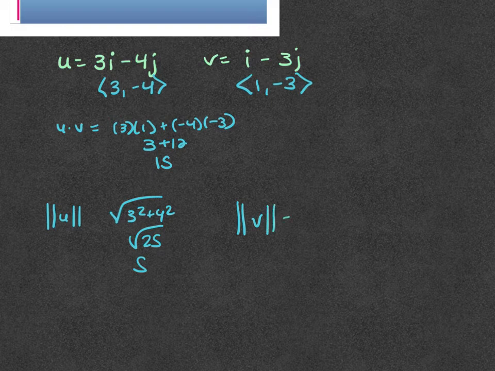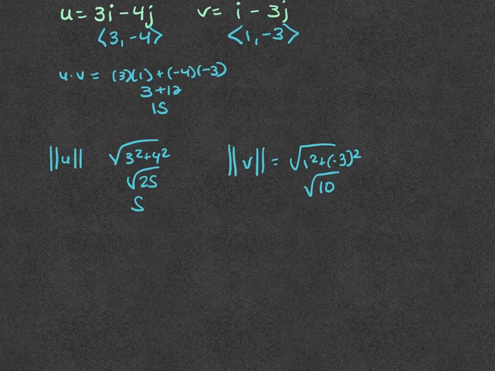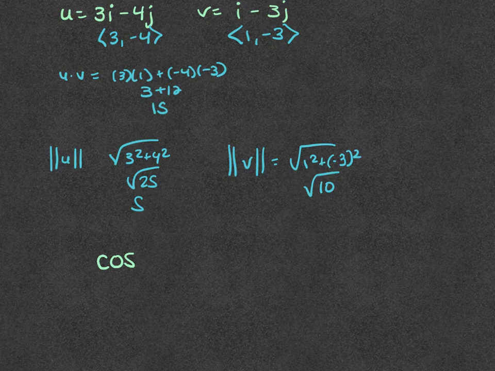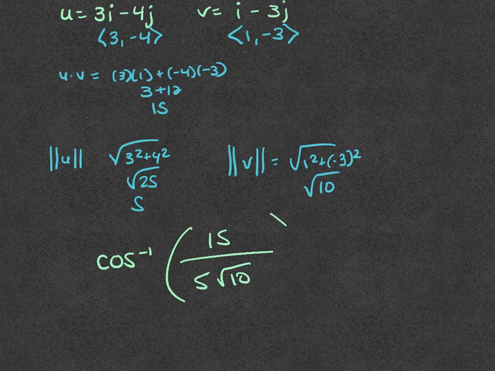Magnitude of V, square root of 1 squared plus negative 3 squared, root 10. Good so far? Then cosine inverse of 15 over 5 root 10. Second cosine, 15 divided by, open the parentheses this time because one's underneath the root and one's not. So you got to make sure you do this.